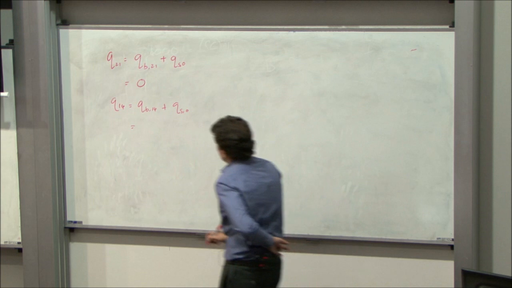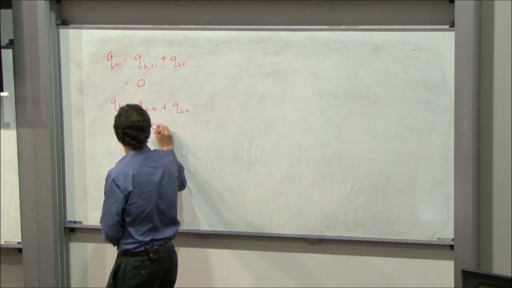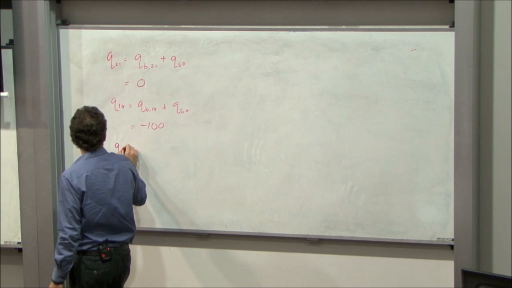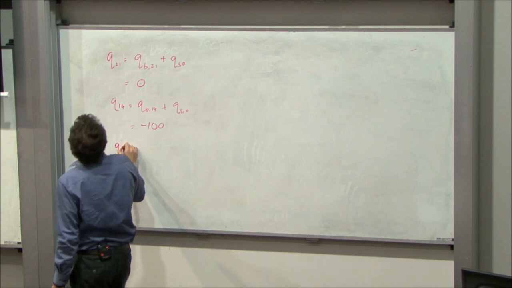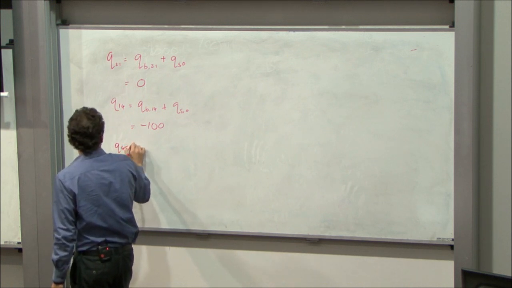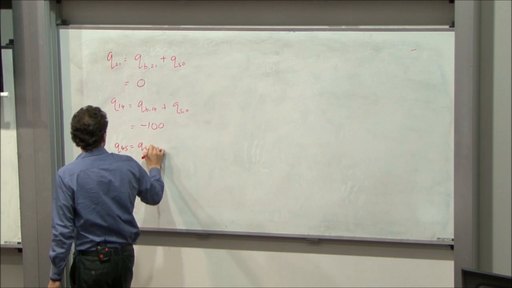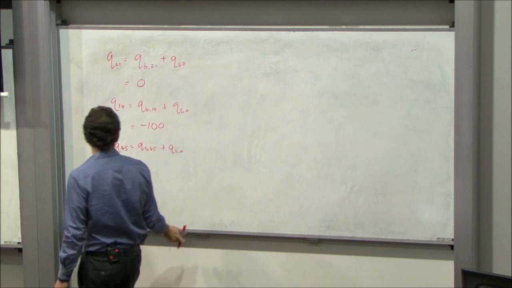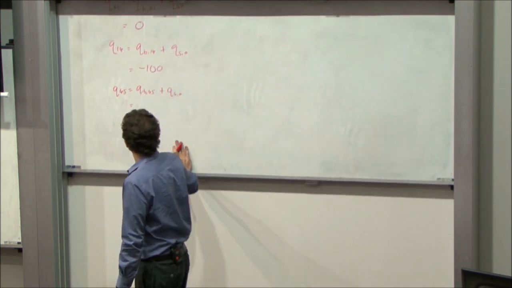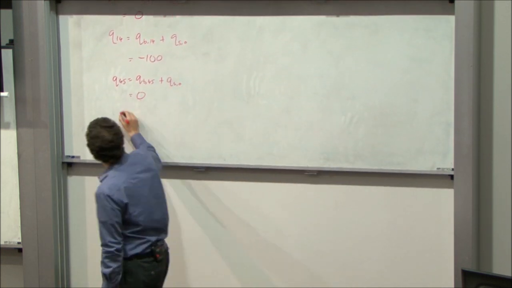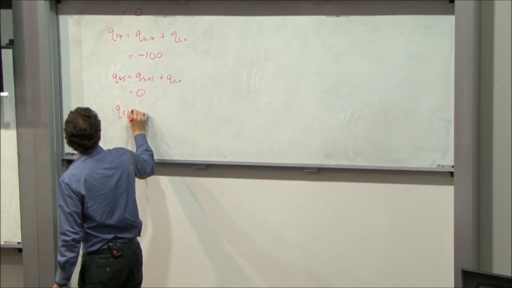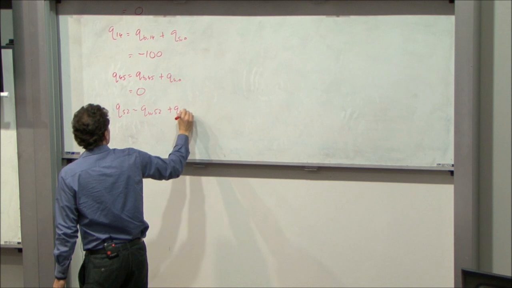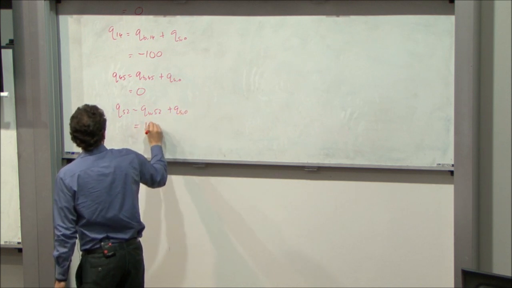We've got minus 100. Q45 equals QB 45 plus QS naught, which equals 0. And Q52 equals QB 52 plus QS naught, which equals 100.